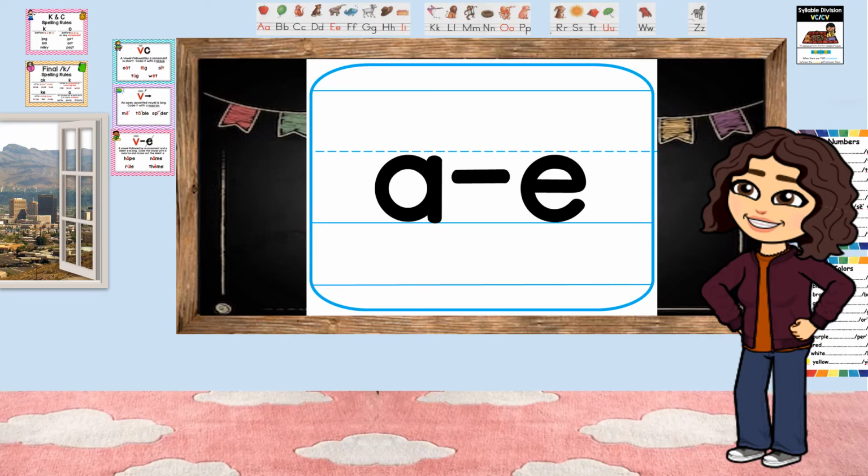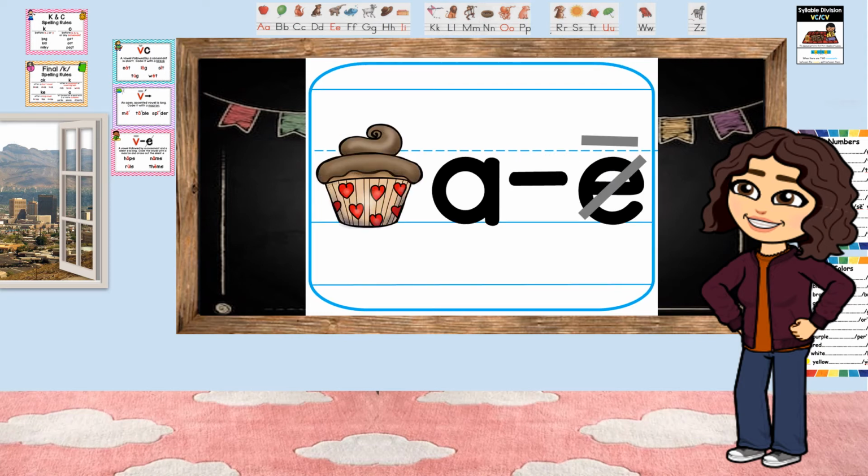So today we learned about A consonant E, how sneaky E sneaks up on the letter A and makes it say its name. So whenever we see this card, we're going to say A consonant E. And to help us remember the sound that A consonant E makes, we have the keyword cake.